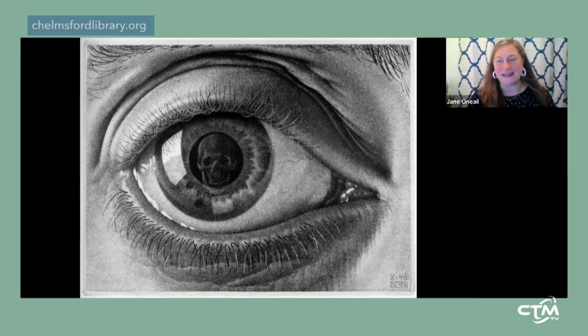Maybe this all culminates with his image of the eye. This is from 1946. I believe this is a mezzotint. We get some sort of velvety texture with this print and these very inky black areas as well.